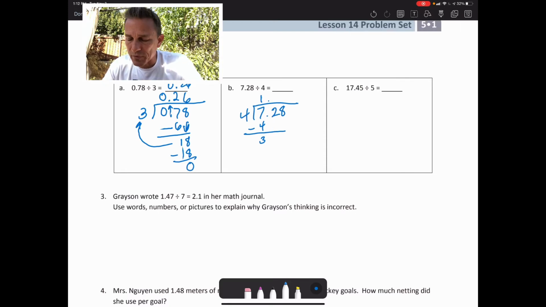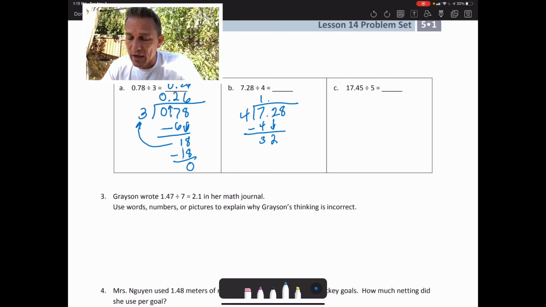I want you to remember this when you're doing your division. If we can go on to the next number and we bring it down, every time we bring a number down, that means that something is going to have to go above that number right in this spot. Okay? So, what's going to go in that spot?